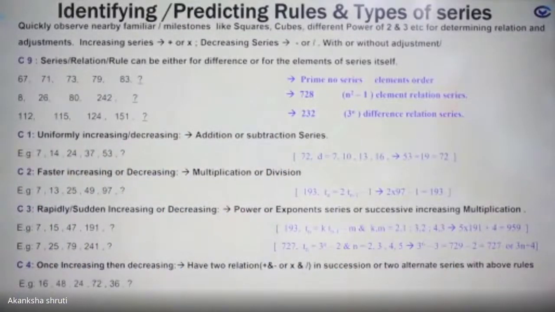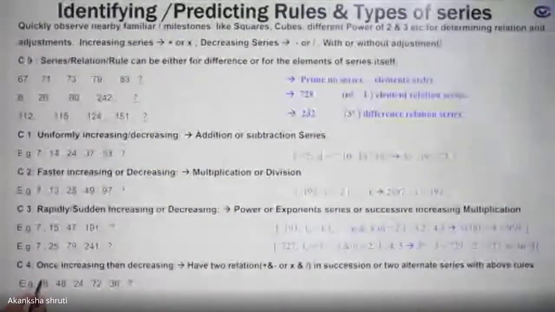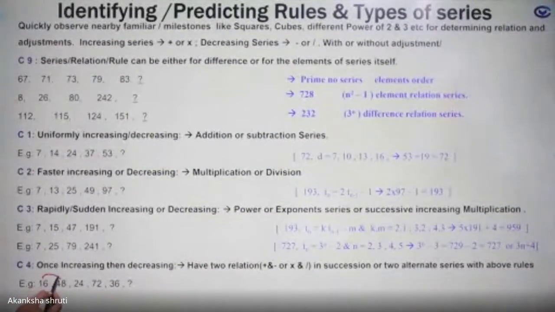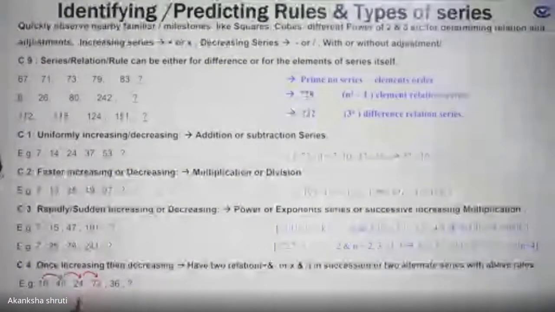Students, here we are getting 16 to 48, but 48 has decreased to 24, then again increased, then again decreased. By observing, we see that this 48 is obtained by multiplying 16 by 3. 24 is obtained by dividing 48 by 2.